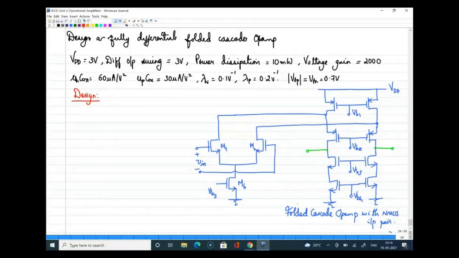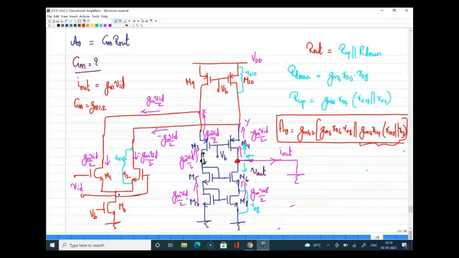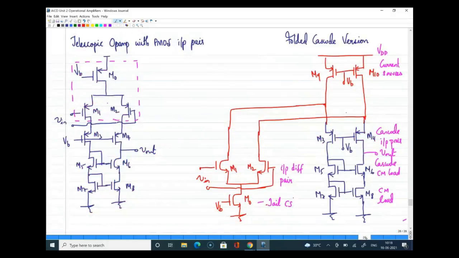Sir, isn't it PMOS input pair? This is NMOS input pair, right? Yesterday, as we did the telescopic op-amp, then we changed it to folded cascode. Yes, the telescopic op-amp was with PMOS input pair, and from that we can draw a folded cascode version.